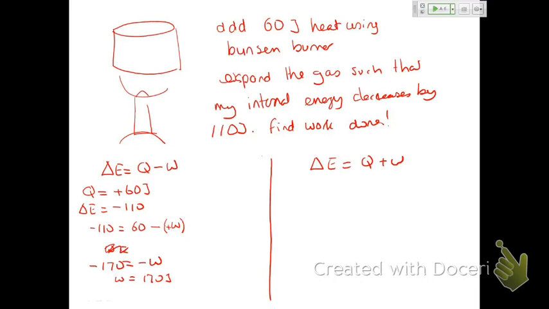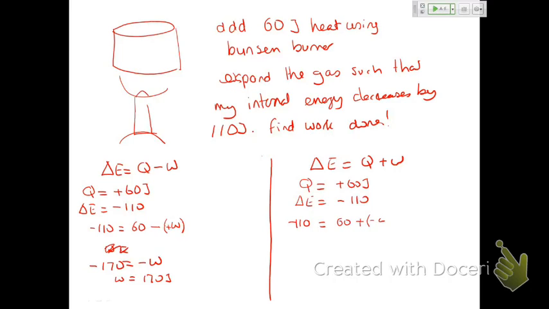So in the next one, Q is equal to plus 60 joules, and delta E is equal to minus 110. So minus 110 is equal to 60 plus. Now this is an expansion, and from the new way, expansions are negative.